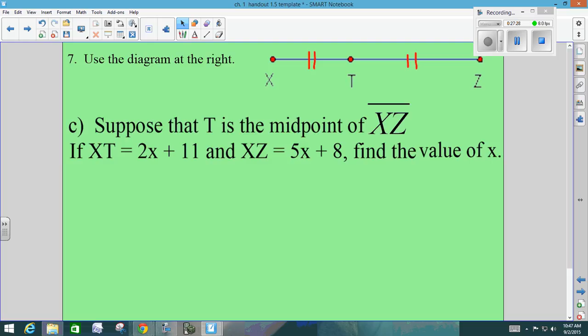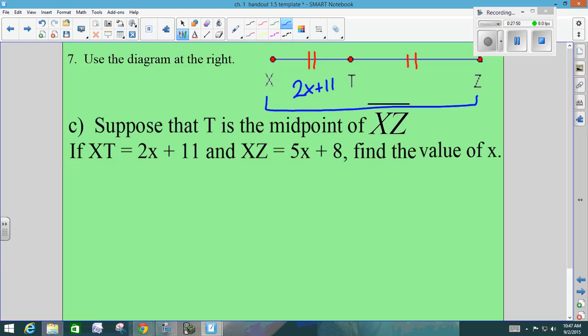Again, not drawn to scale, because if you look at it, T doesn't look like it's in the middle, but since I put those hash marks there, it is. You obey the little tick marks. XT equals 2x plus 11. And XZ, that'd be the whole segment, is 5x plus 8.